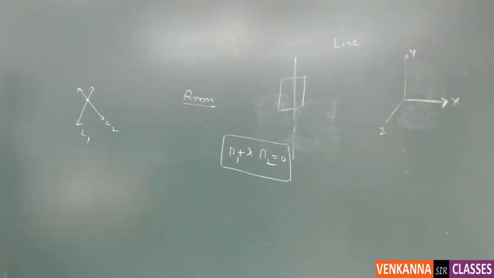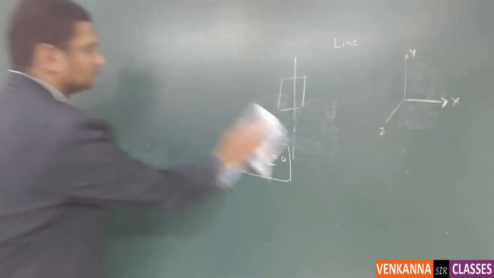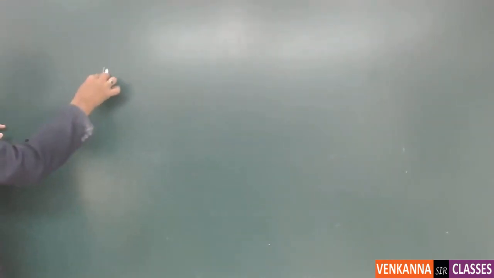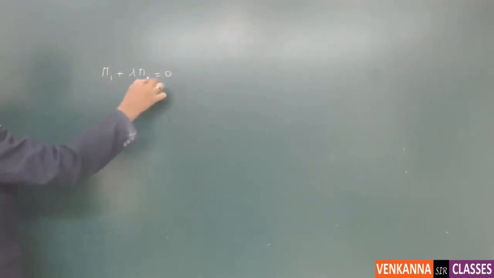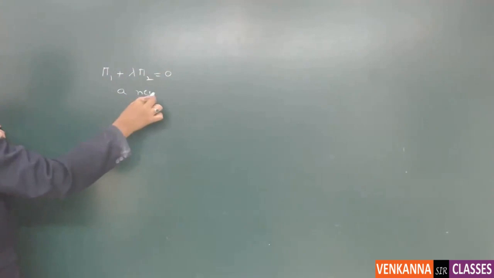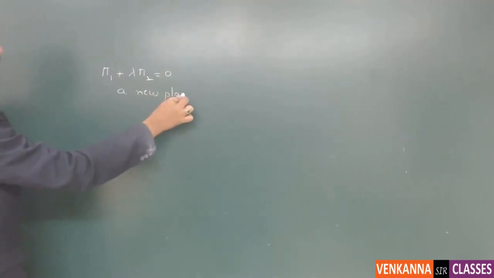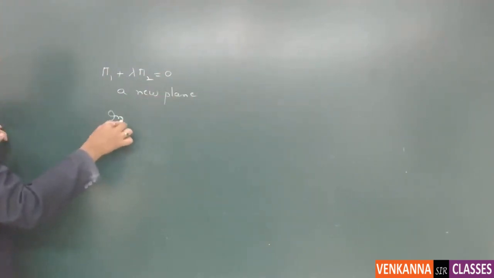After noting that formula, please tell me, and I will take the problems. Pi 1 plus lambda pi 2 equal to 0 gives a new plane which passes through the intersection of pi 1 and pi 2.